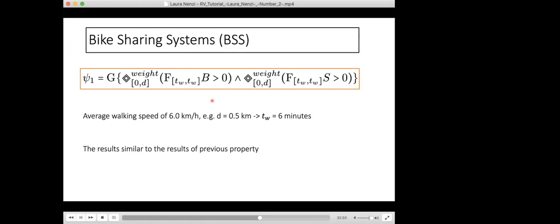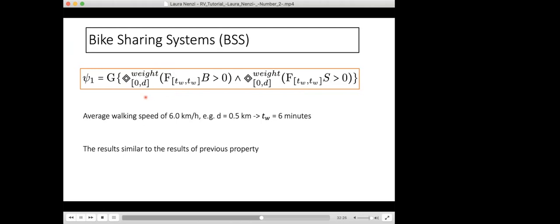And it could be that in the walking time, by the time he arrives there will be no more bikes or no more slots. So for this reason, we add to the property a nested temporal part.